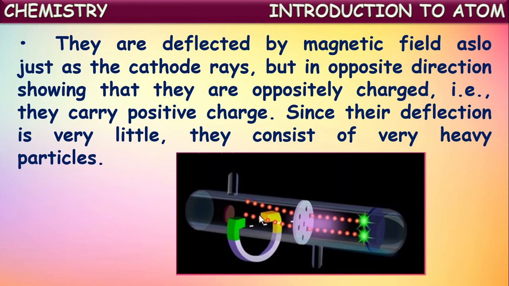The deflection created by the magnetic field or electric field is somewhat less for these anode rays compared to cathode rays. This shows that these positive ray particles are heavy, not like the cathode rays. That is why the deflection is somewhat less.